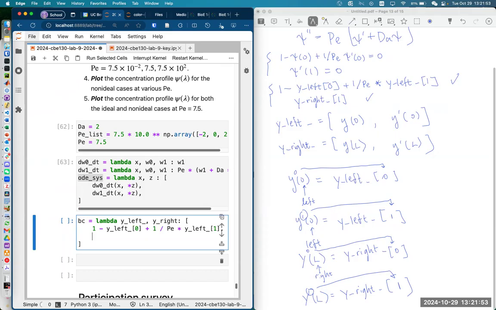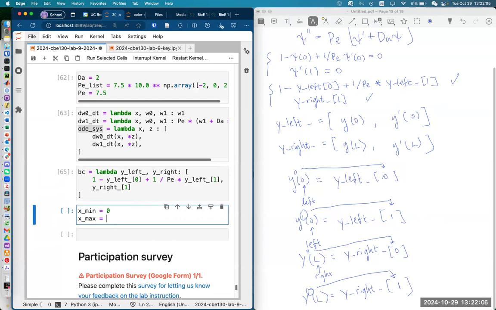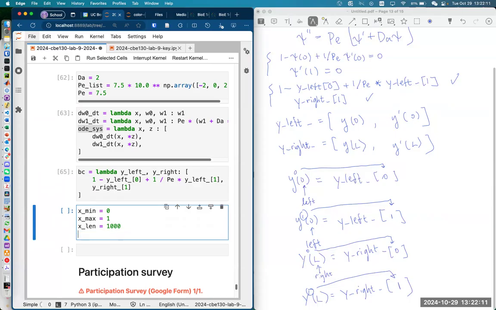The second boundary condition is y right index 1. And the minimum x is 0, maximum x is 1. The x length we can arbitrarily define, say, 1,000 points. And x is equal to linspace from minimum to maximum with 1,000 points.